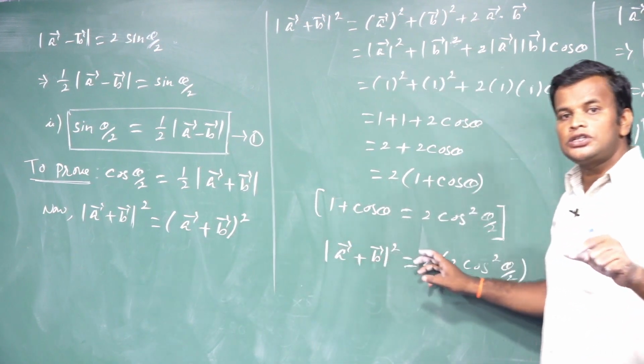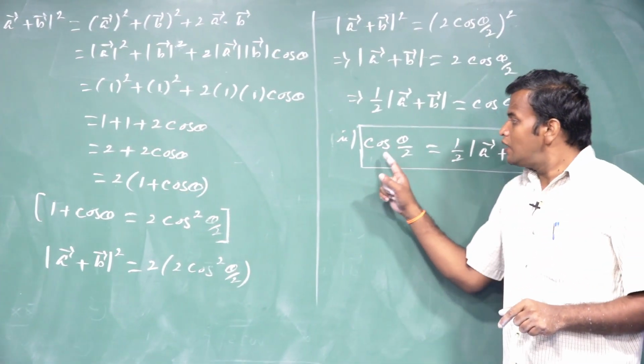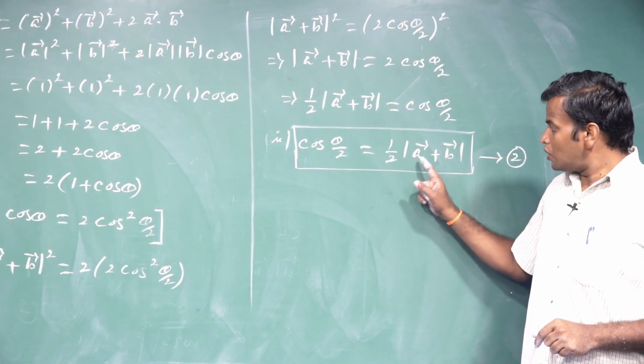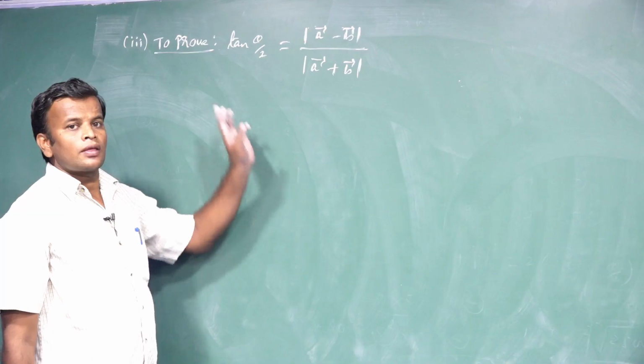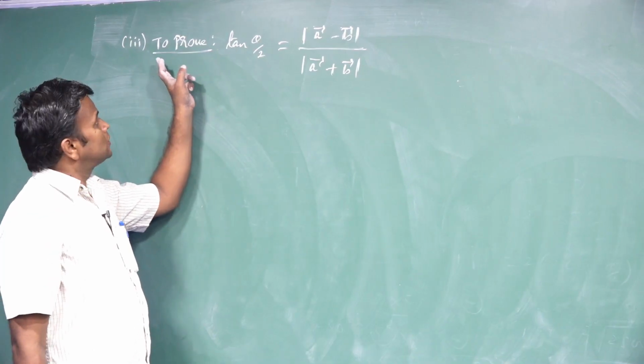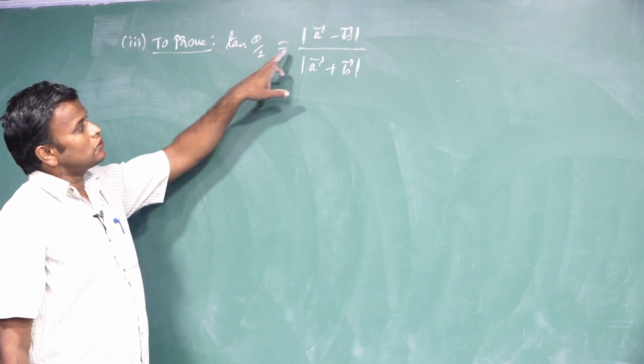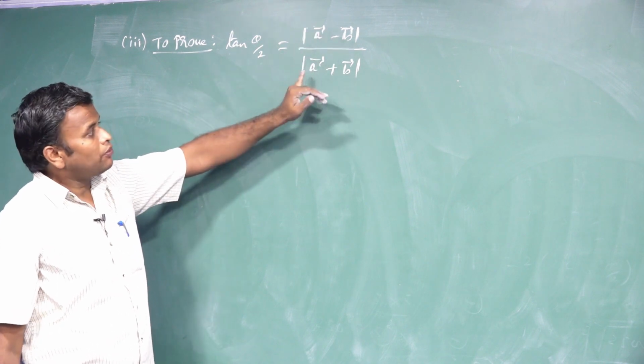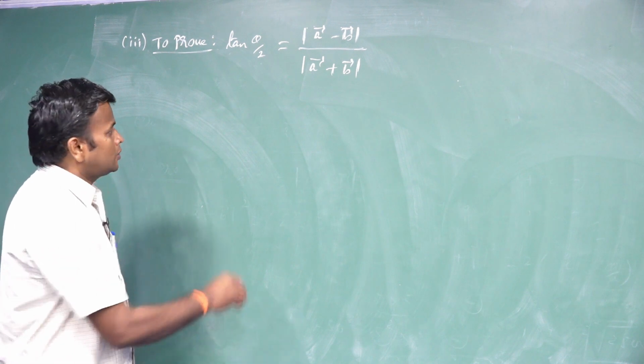And the second equation is cos theta by 2 is equal to half of modulus of A vector plus B vector. The third one is to prove tan theta by 2 is equal to modulus of A vector minus B vector divided by modulus of A vector plus B vector.